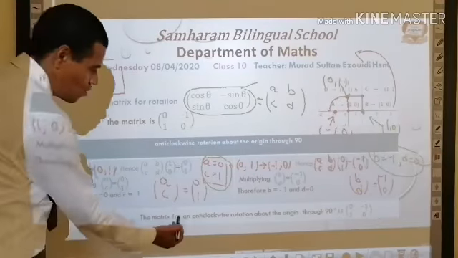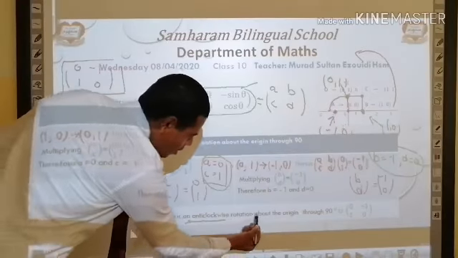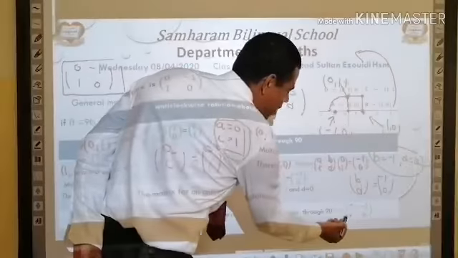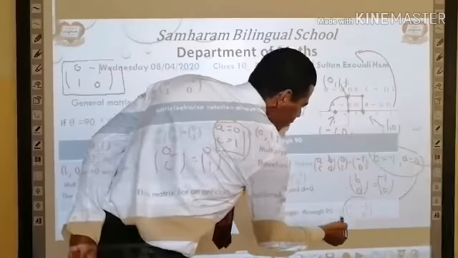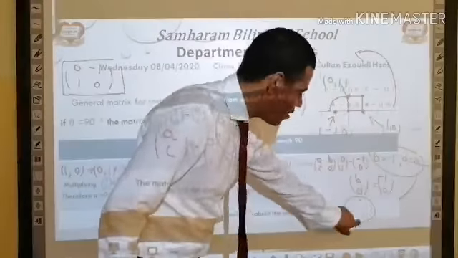So the matrix for an anti-clockwise rotation about the origin through 90 degrees is 0, 1, negative 1, 0.